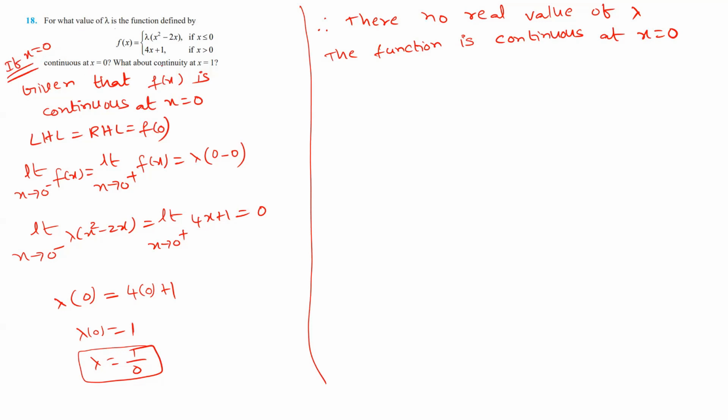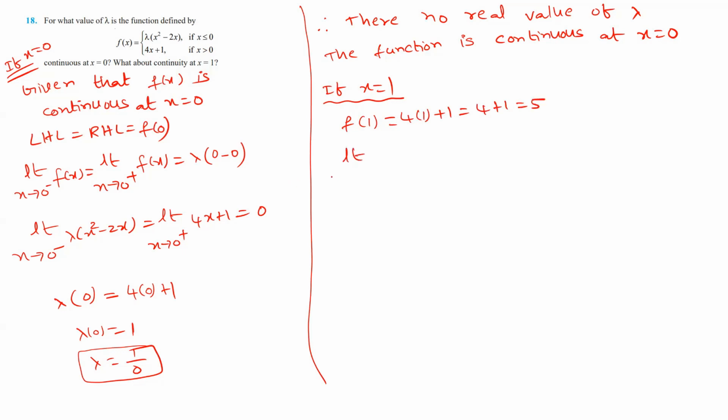Again, they are asking what about continuity at x equal to 1. So we are taking x equal to 1. If x equal to 1, already we are taking the function as continuous. So f of 1: the function is for x greater than 1, so greater than 1 means this is greater than 0 only, so 4x plus 1 only we take here. So 4 plus 1 is equal to 5 here.